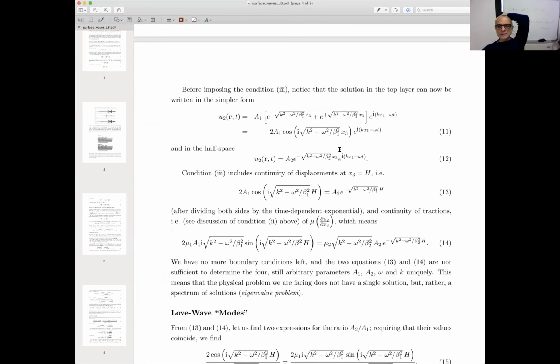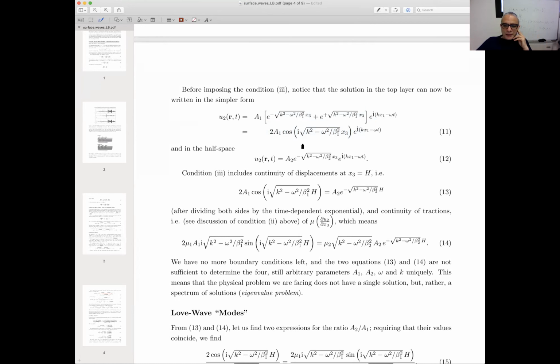It's really just a way to do the bookkeeping, to keep track of things without having huge formulas. I could avoid writing these like this if I kept this longer expression here, but then it's cumbersome, and I'm trying to compact things somehow.